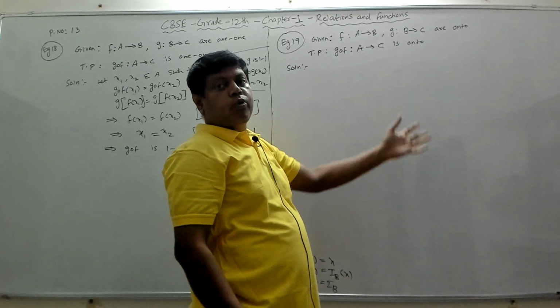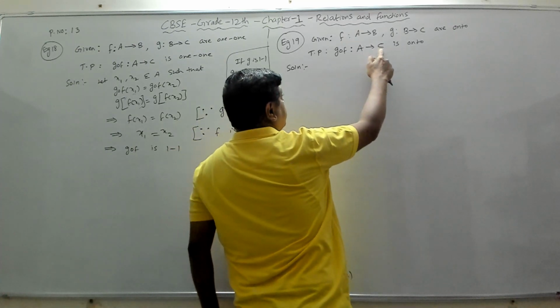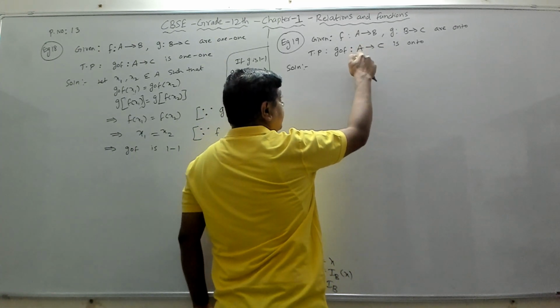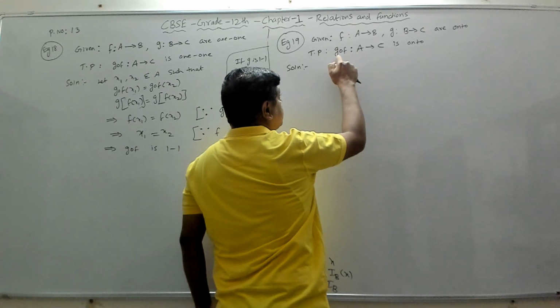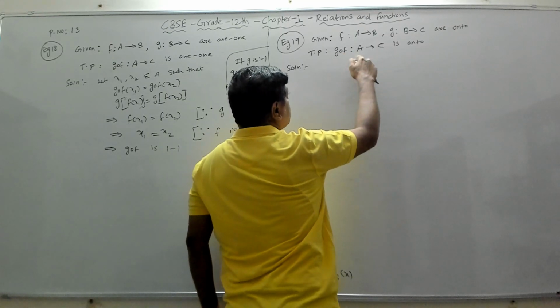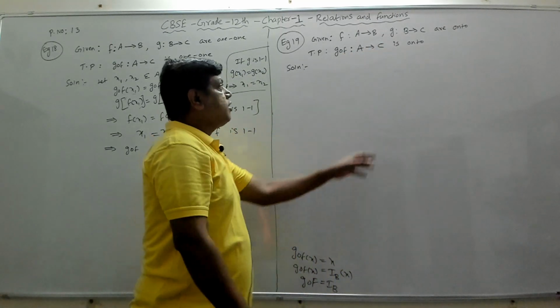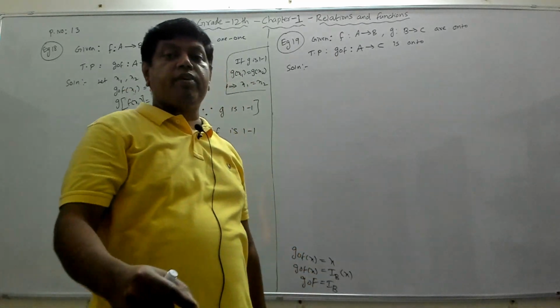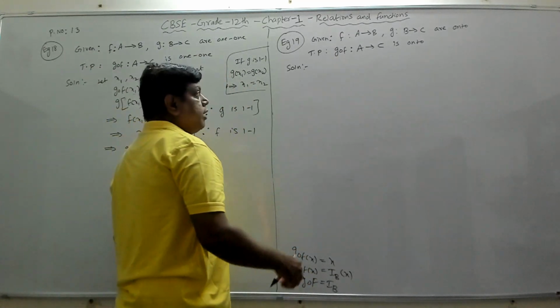Then it becomes onto. So for any element that I choose from C, if I am able to find an element in the A set such that g of f operated on that element x gives g of f of x equal to z, where z is the element that I took from the set C, then it makes that function g of f onto. Right? So how do we prove onto?